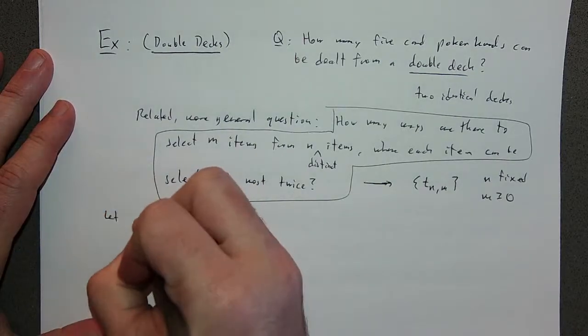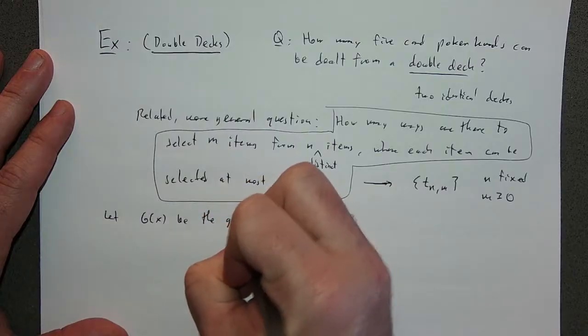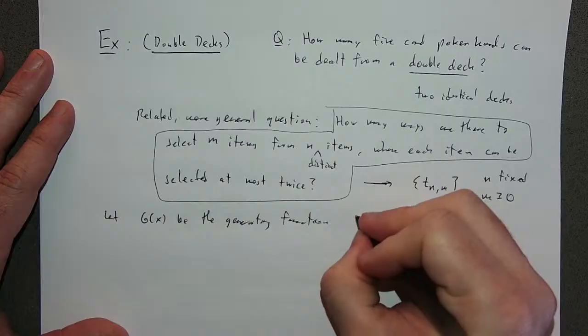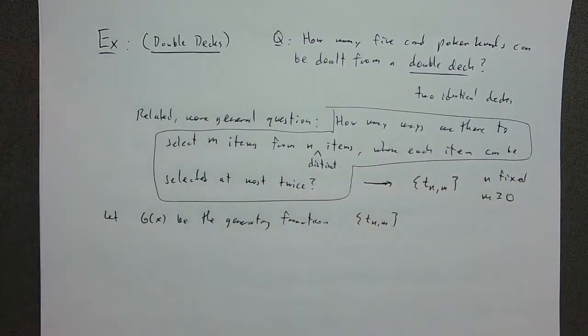Let g of x be the generating function for this sequence T n m.